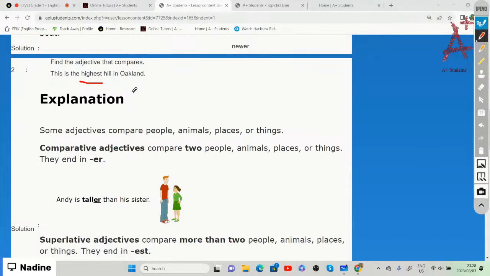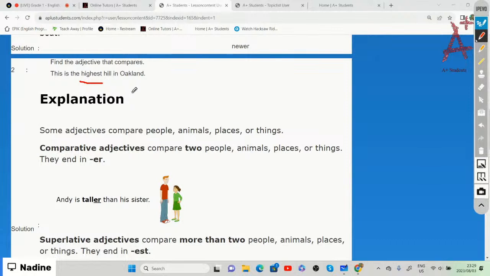So they're saying this hill is the highest hill in Oakland. If there are more hills in Oakland, then they are identifying this one as the highest compared to all the other hills. So this is a superlative adjective.